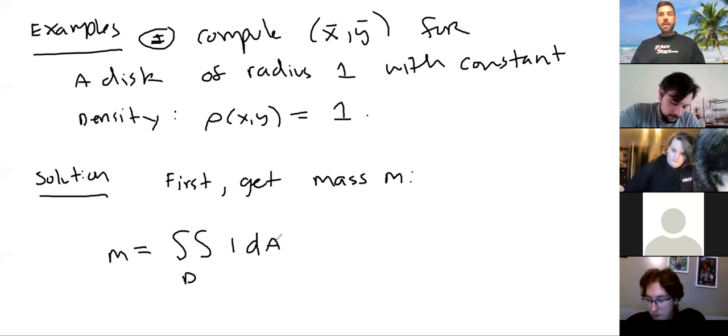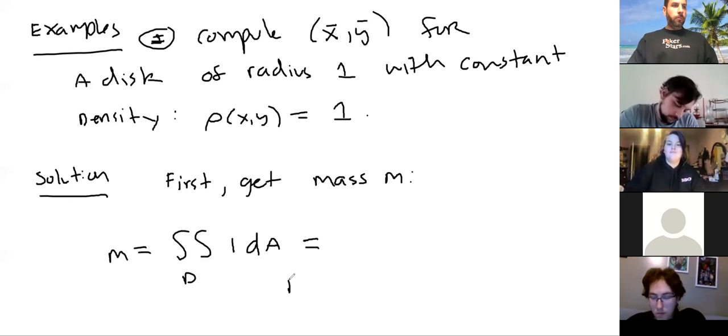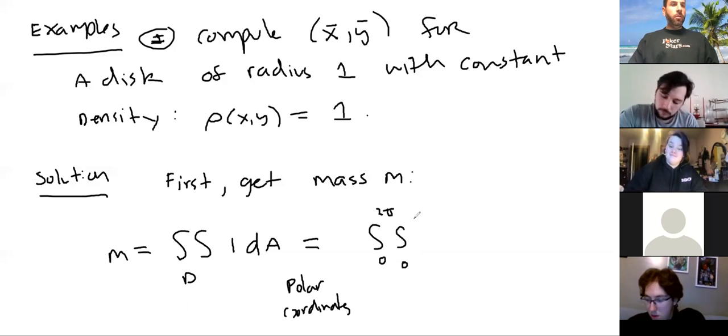Now, what is my domain? My domain is a disk. So the domain being a disk suggests that I use polar coordinates. So if I go to polar coordinates, this becomes the integral from 0 to 2 pi, the integral from 0 to 1 of r dr d theta.